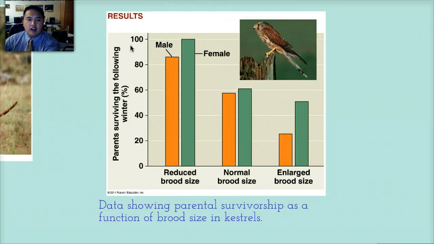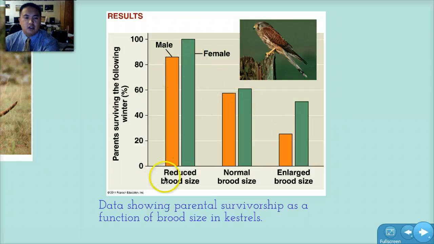So here's a graph of kestrels, a bird. In a reduced or enlarged brood size, meaning the amount of kids, it shows parents surviving the following winter. So you notice that in an enlarged brood size, where there's a lot of kids, not that many survive.